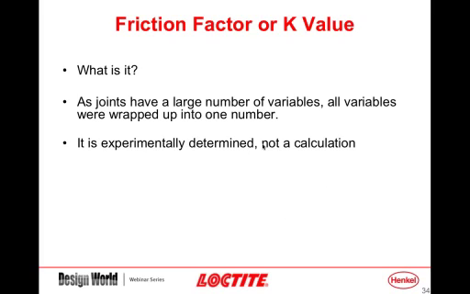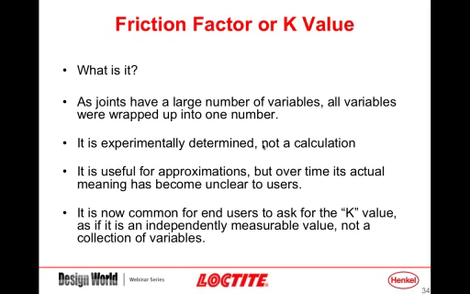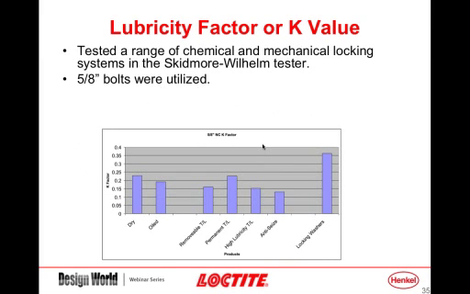I guess the key thing that we wanted to say is it's actually experimentally determined for an entire system, not just for one component in the system. So for you to have a valid figure, you really need to evaluate the entire fastener system rather than just one component of it. And the reason, so let's actually go into a test then that we did.